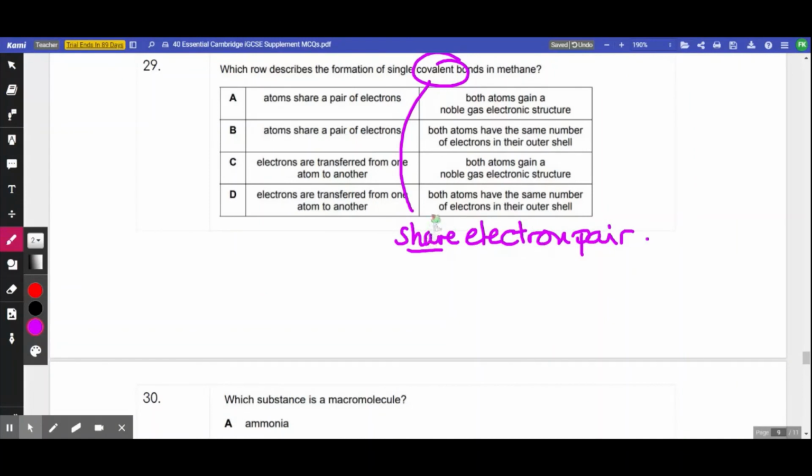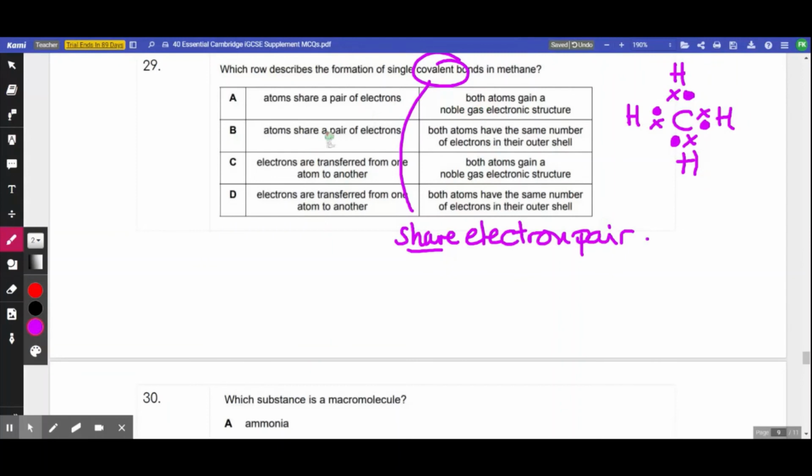You've got methane, and if you want to just draw the outer shell of carbon, the electronic structure, dot cross diagram, should say dot cross diagram of methane is represented by that one.